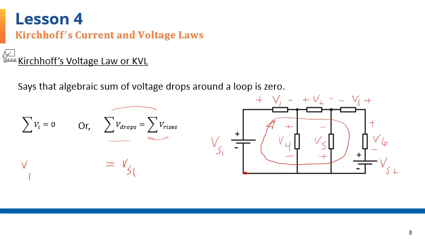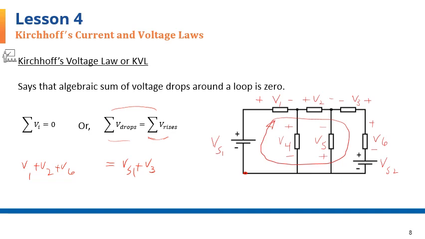Next one along the path is V2, which is a voltage drop, so I'll put it on the left hand side. V3 is a voltage rise, so I'll put it on the right hand side. Notice I don't call it negative V3. I'll just use its magnitude, but keep it on the right hand side where the voltage rises are. Next is another drop, so that goes on the left hand side, plus V6.